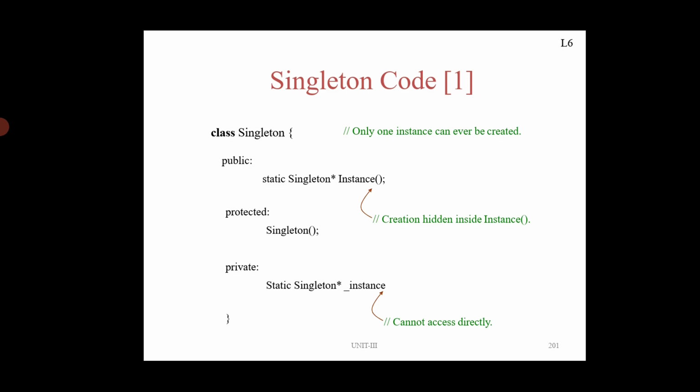This is the singleton code implementation, showing how the singleton class is declared and how we make sure that a unique instance is returned. Here are implementation issues to consider when using the singleton pattern to ensure a unique instance.